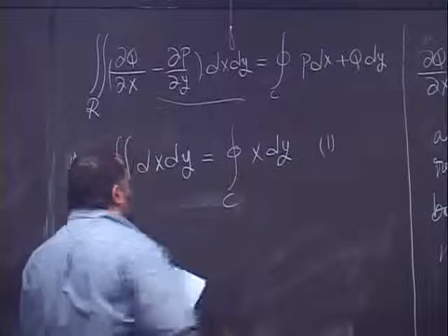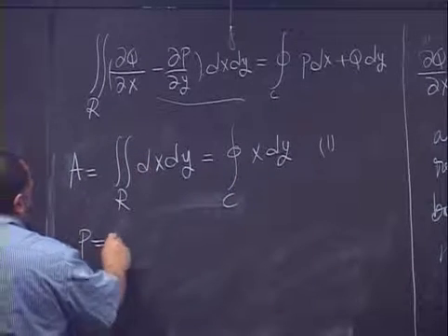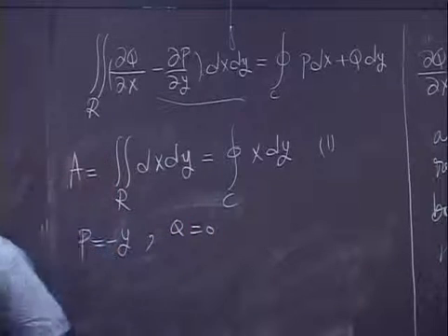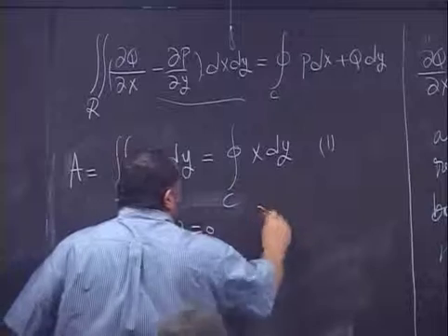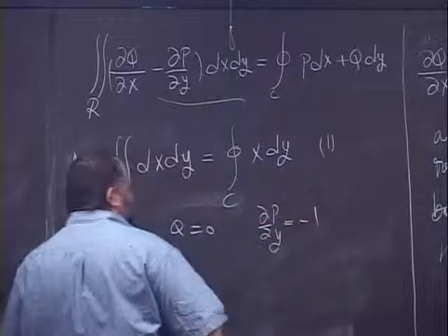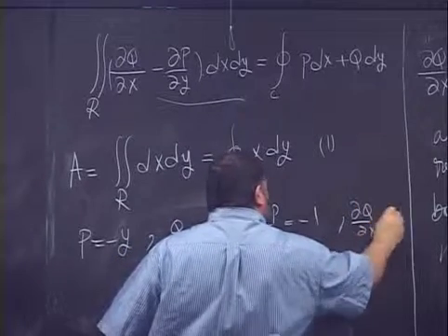Now let's assume that I pick P to be negative y and Q to be 0. Again, what's dP by dy? Negative 1. And dQ by dx is 0.